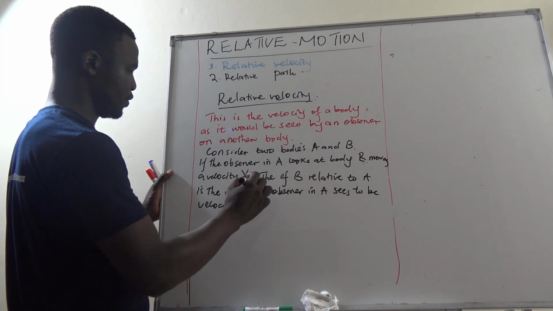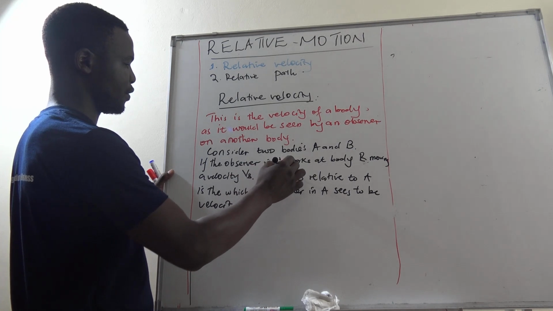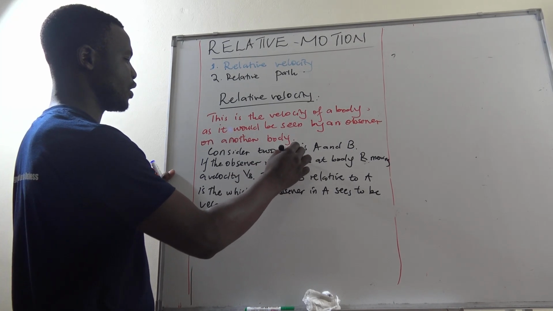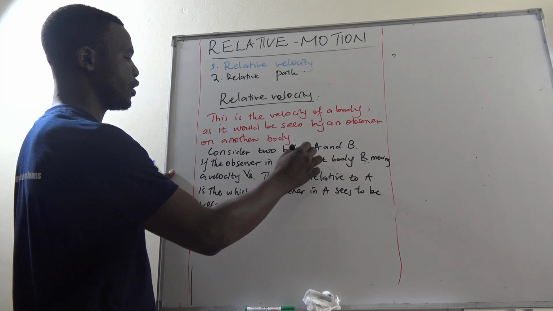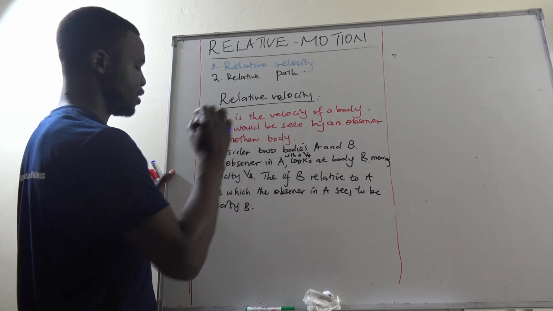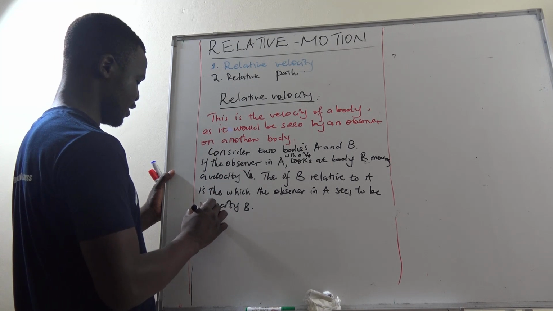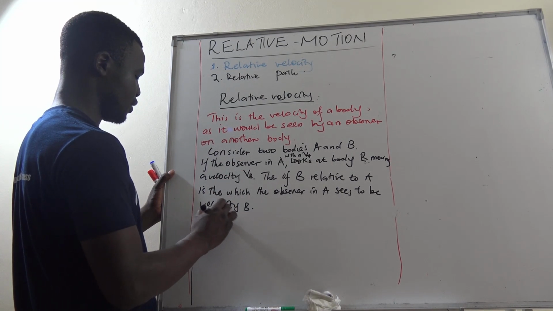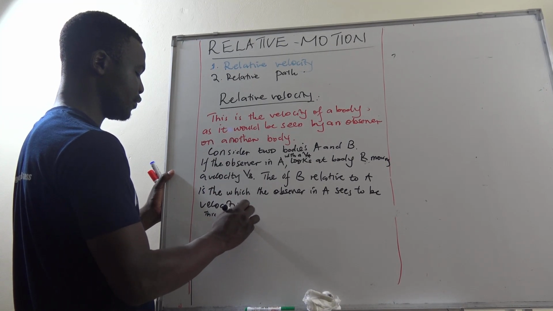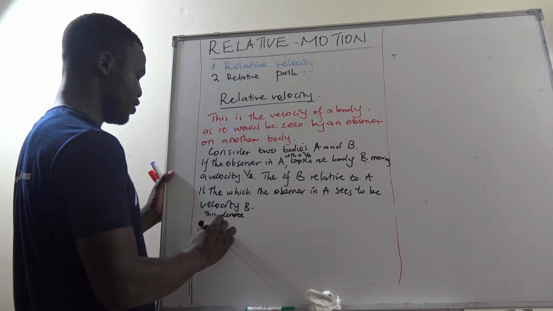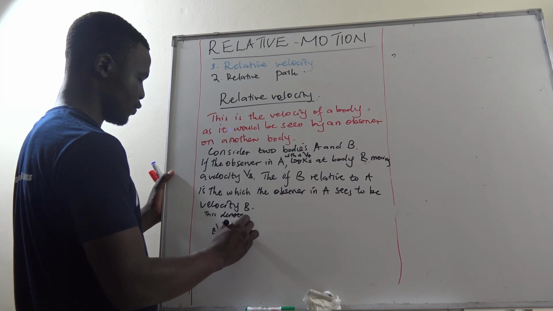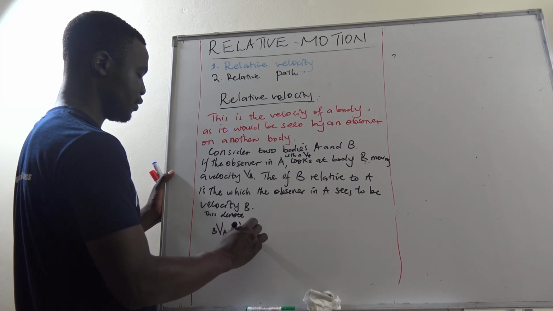Now, assuming A is moving with a velocity VA also, the velocity of B relative to A is denoted VBA.